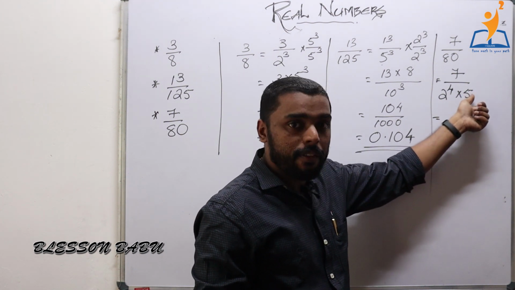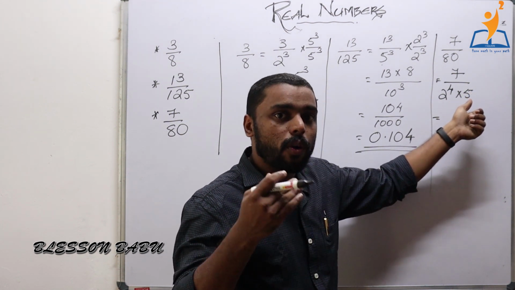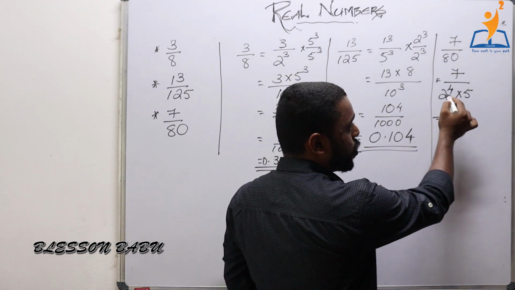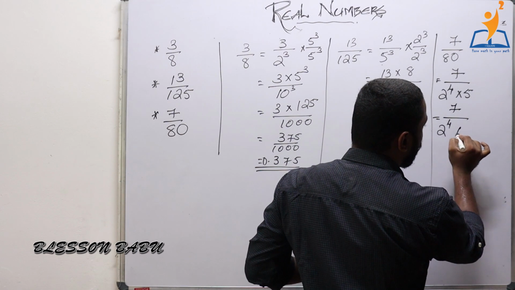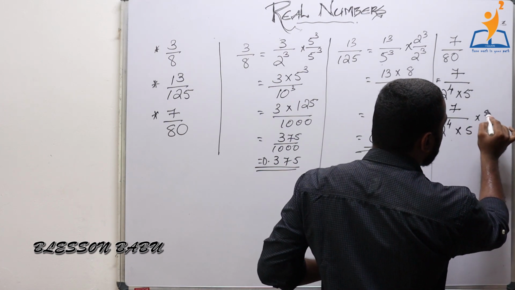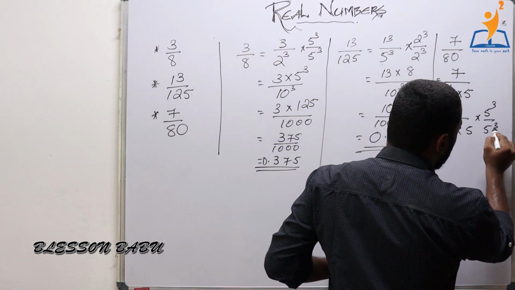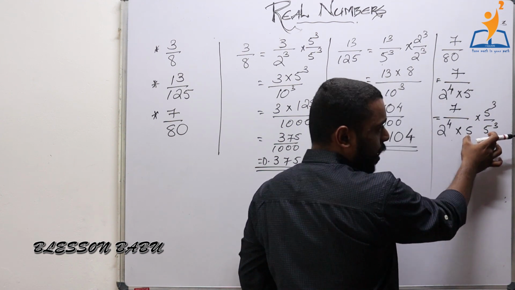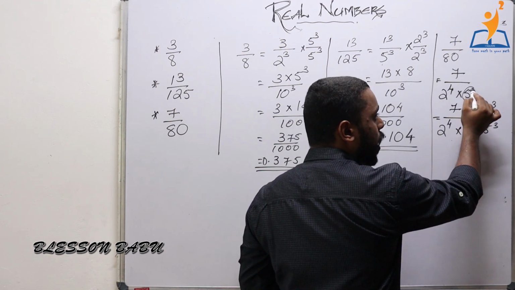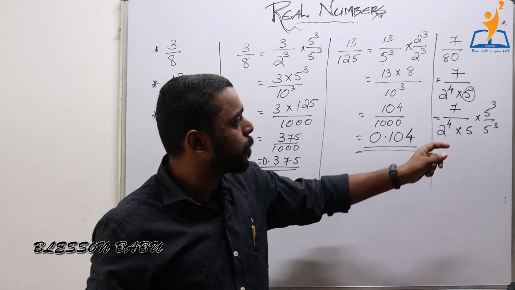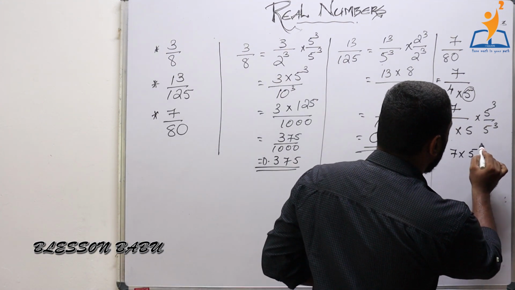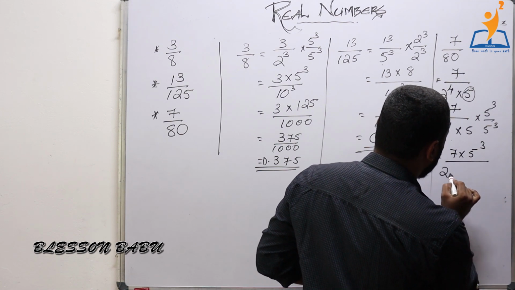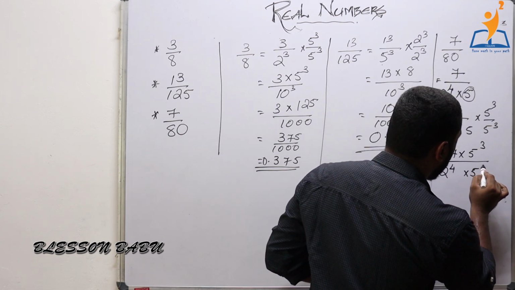Since we already have a 5, we need 3 more 5s to make it 5 raised to 4. So we multiply the numerator and denominator with 5 cube, so that we get 5 raised to 4 here. Therefore we have 7 into 5 cube divided by 2 raised to 4 into 5 raised to 4.